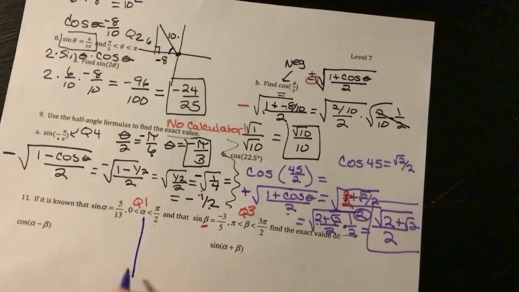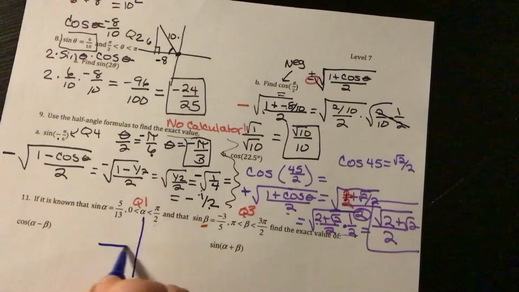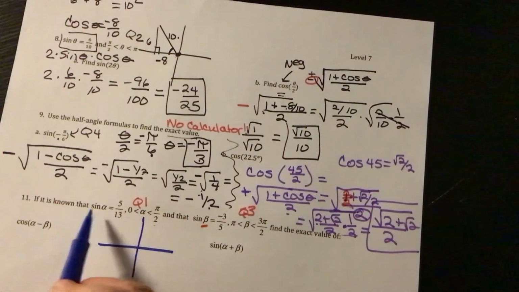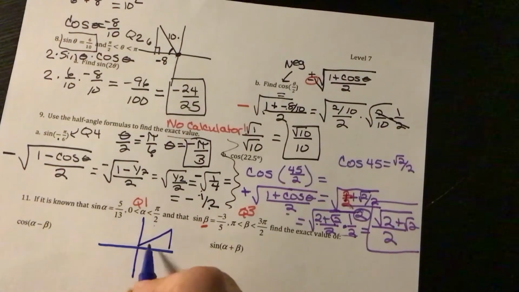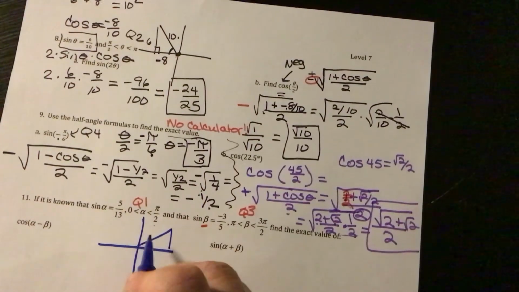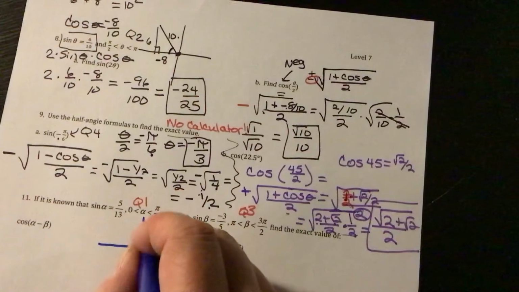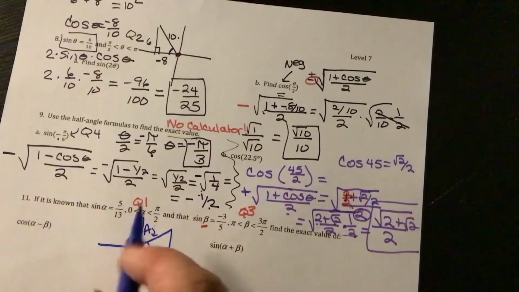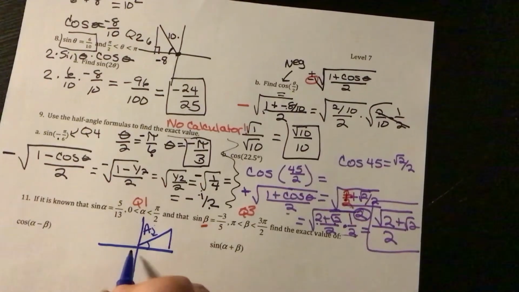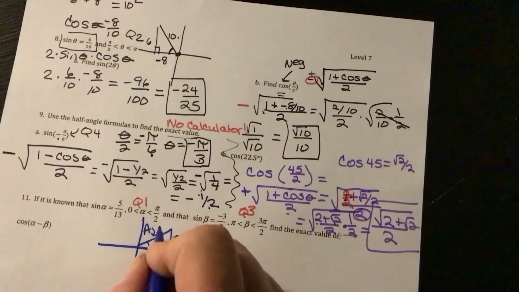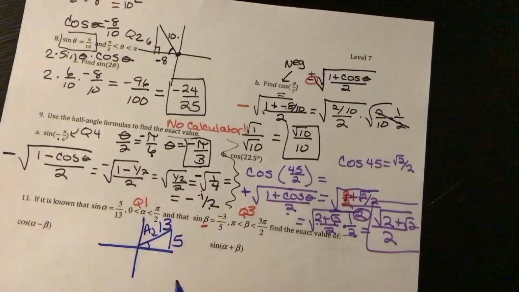And here we go. So angle A, we know it's in quadrant 1. This is angle A. And we know the sine is 5 over 13. So the opposite is 5. This is 13.